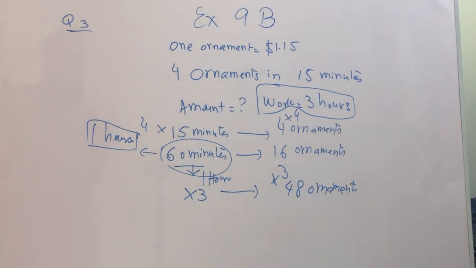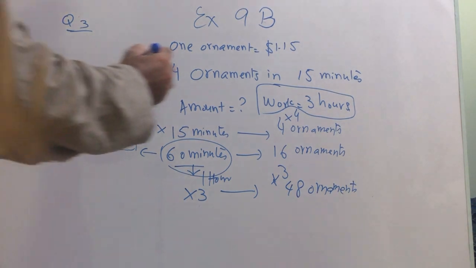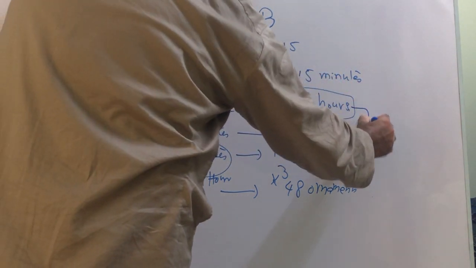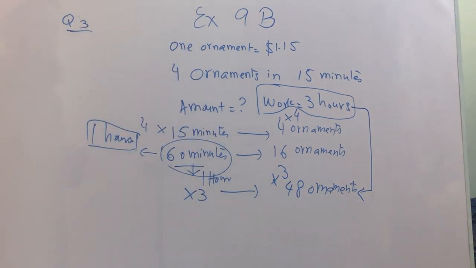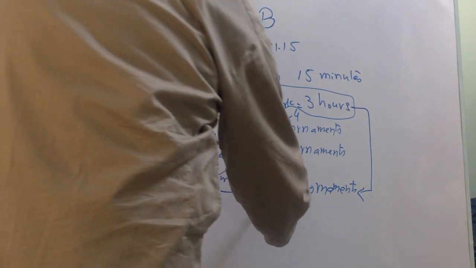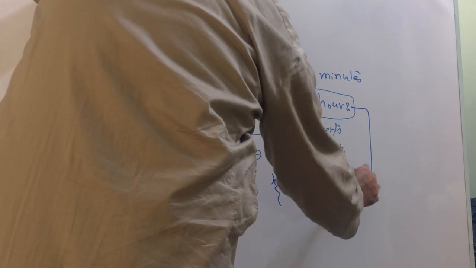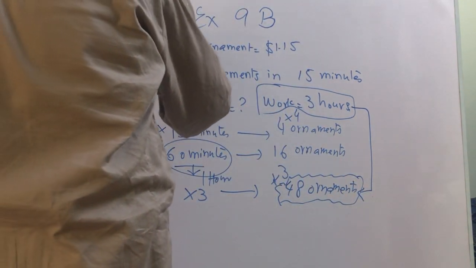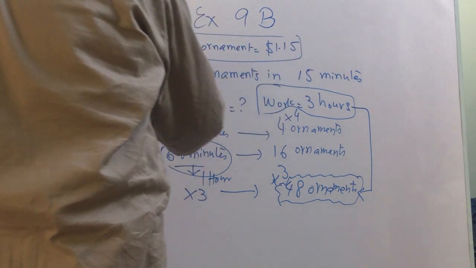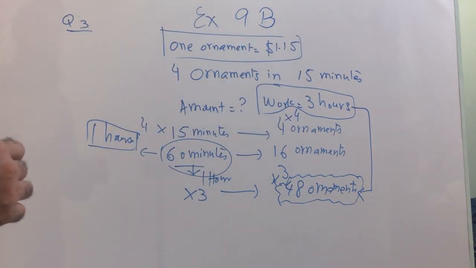In 3 hours he will be making 48 ornaments. Okay. So we found out that if he is working 3 hours, he will be making 48 ornaments. We know that the cost of one ornament is $1.15.